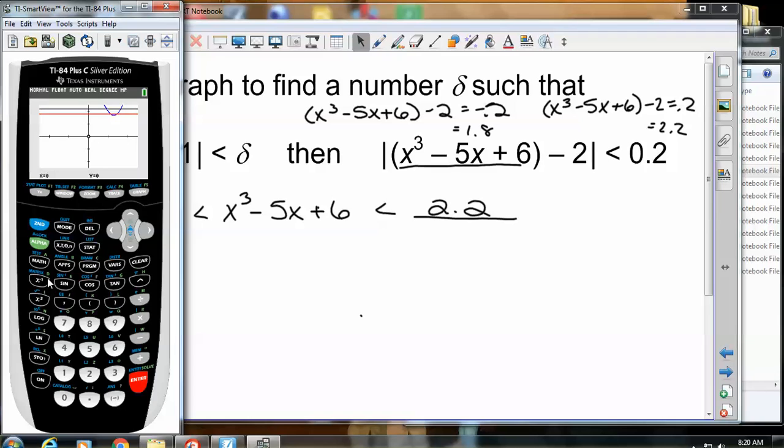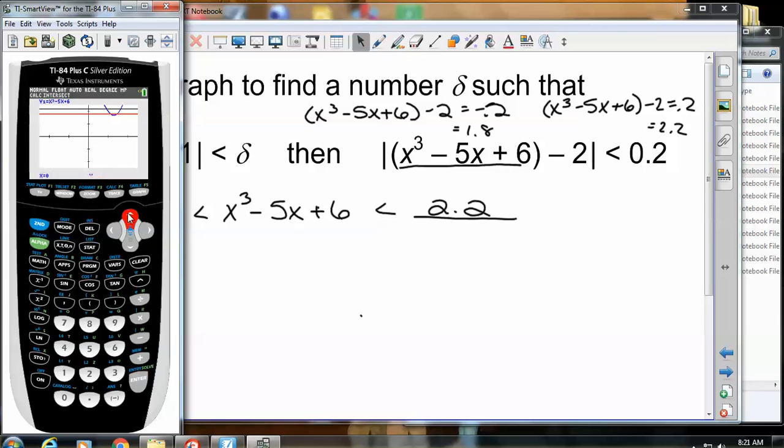So I want this function to fall between these guys, 1.8 and 2.2. We can find that. It actually happens twice. It happens here and it happens again later. Let's just do the first one. We need to find these intersections. So we can do second trace, number 5 is intersect. The first curve, I do want it to be my blue line here, so I'm going to go to automatically.